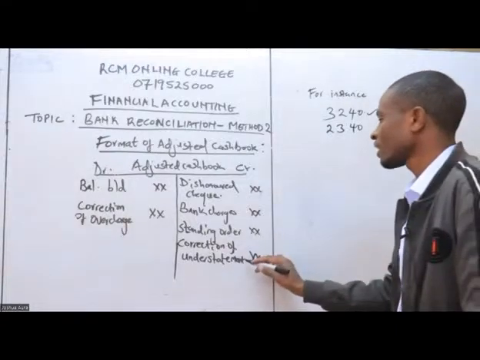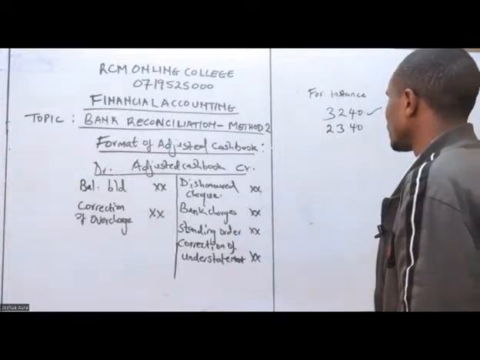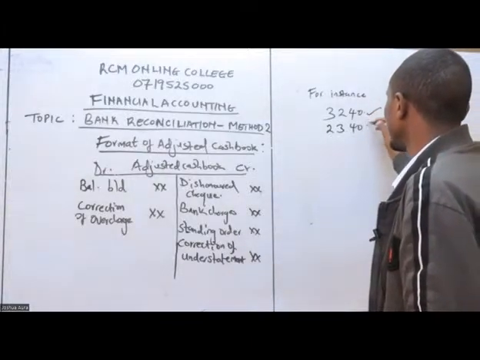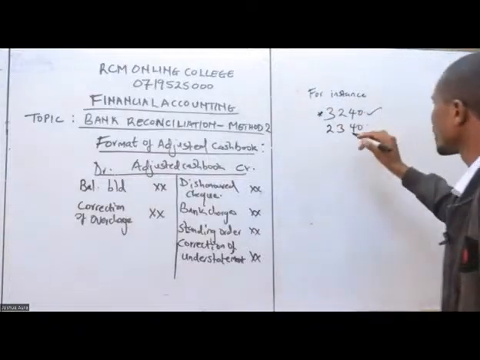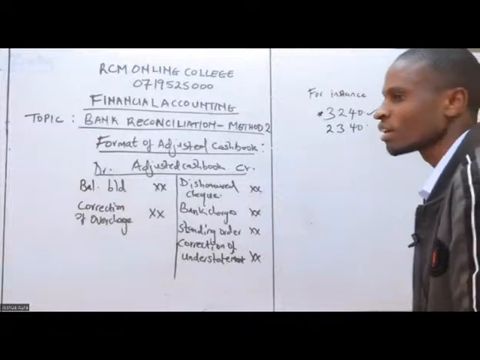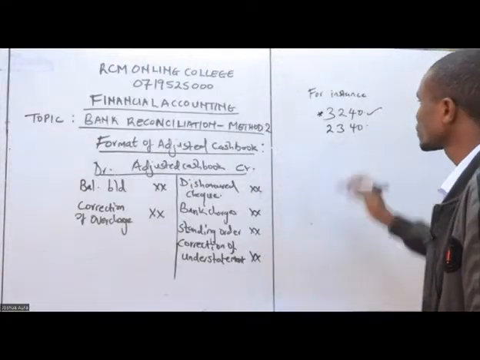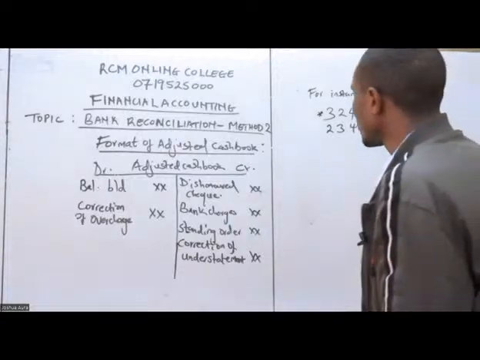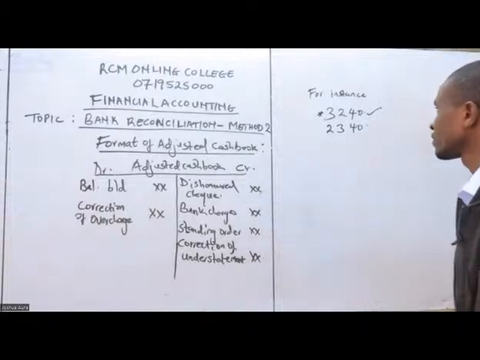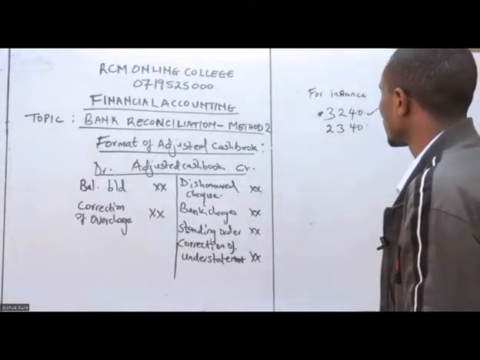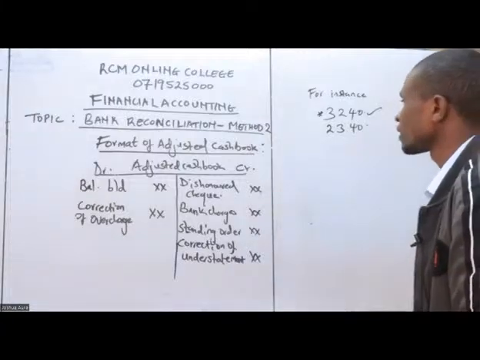That is an understatement, an undercharge. The correct amount should be 3240, but you have undercharged it to 2340. So to correct that error, you have to credit the difference.